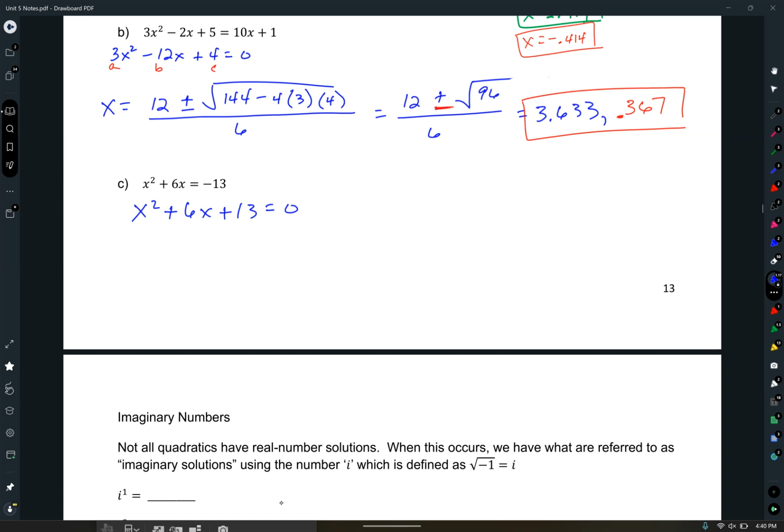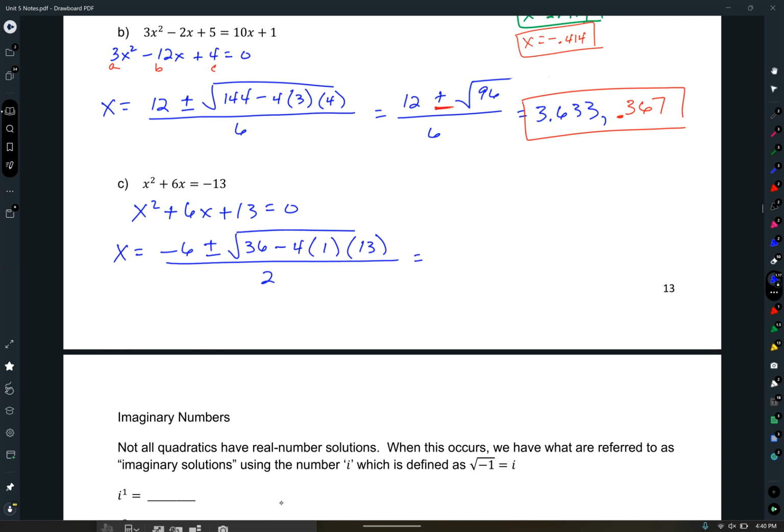If I set up my quadratic formula, I'm going to say x equals, in this case b is positive 6, so the opposite of b is going to be negative 6 plus or minus the square root of b squared, which is 36, minus 4 times a, which is 1, times c, which is 13, all over 2a, so 2 times 1 is 2.